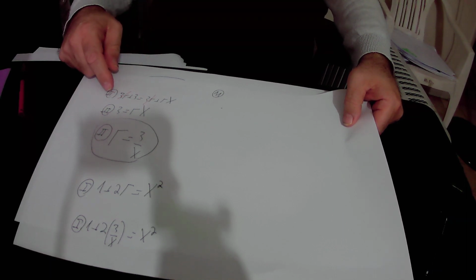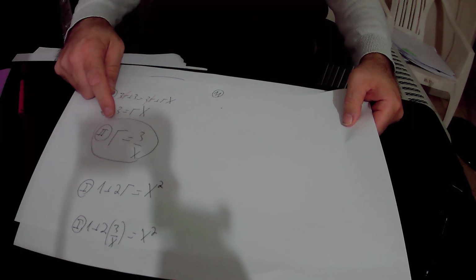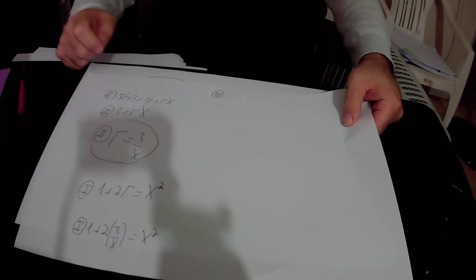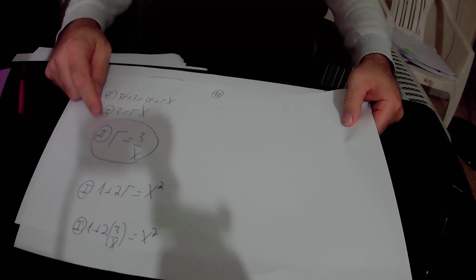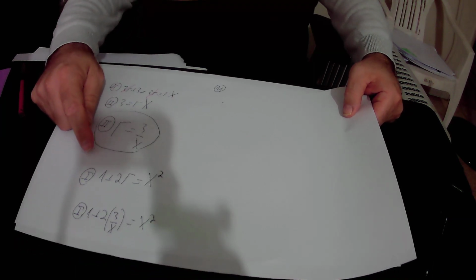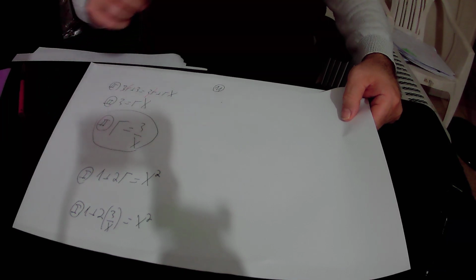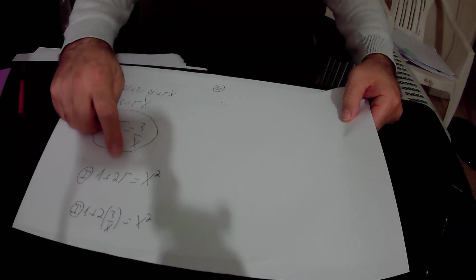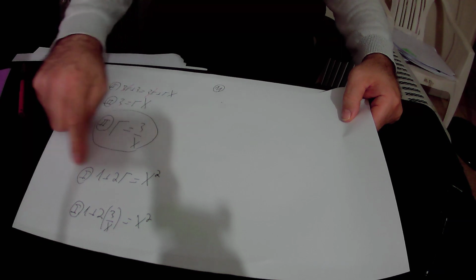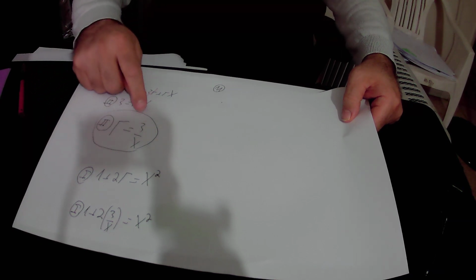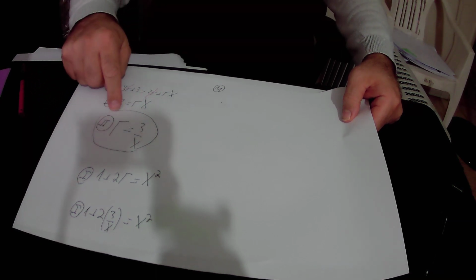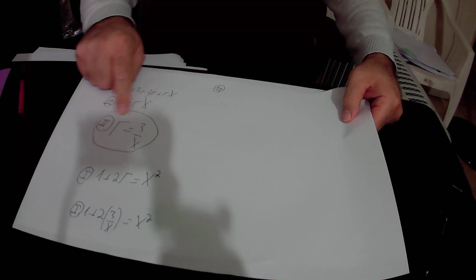We divide by x, and we get that the radius of the semicircle r equals 3 over x. According to equation number 1, 1 plus 2r equals x squared, so we can substitute r by 3 over x.